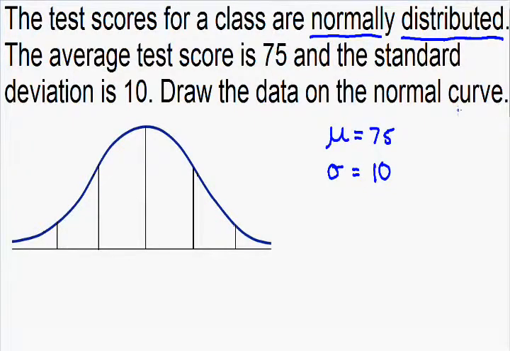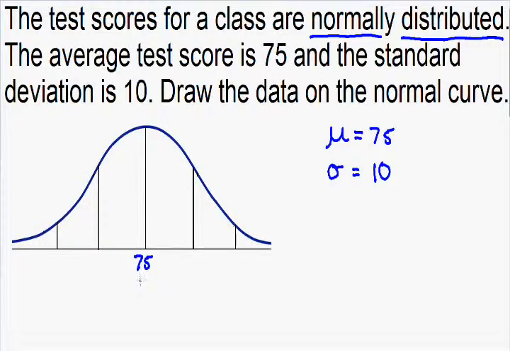The first thing you're going to do is put the average, which is 75, directly in the middle of the curve. So we go to the middle of the curve, and we put our average of 75 directly in the middle. The distance between one line and another line is equal to one standard deviation.